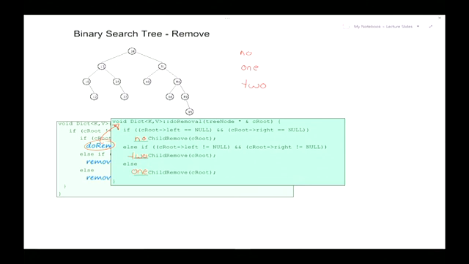There's some elegance about this. When I went about writing this code, I was like, what's the simplest case? Well, the simplest case is that they're both equal to null. Okay, I'll write that expression first. What's the next simplest case? Well, the next simplest case is they're both not equal to null.